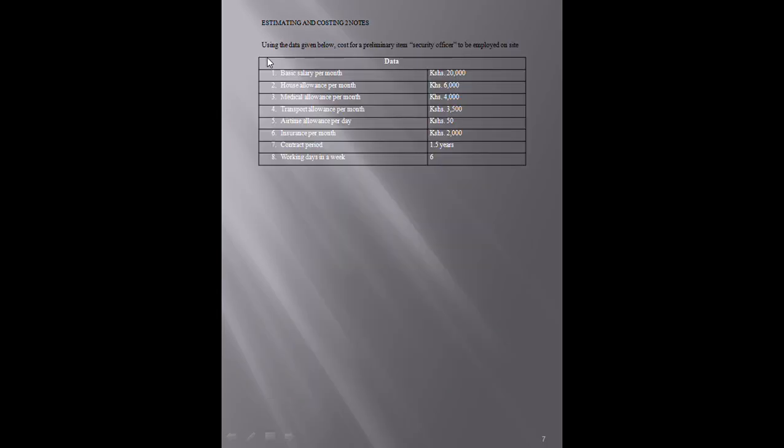So next, using the data below, cost for a preliminary item security officer to be employed on site. So basic salary per month is 20,000, house allowance per month is 6,000, medical allowance is 4,000, transport allowance 3,500, airtime allowance 50, insurance per month 2,000, contract period 1.5 years, working days in a week.